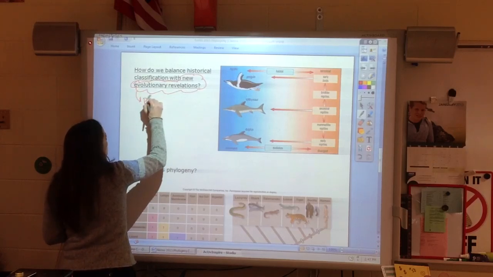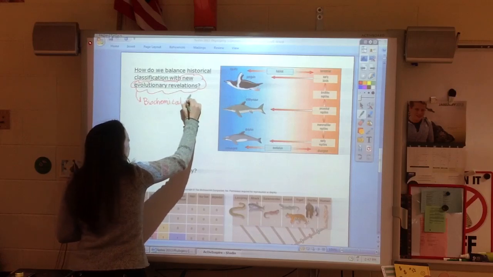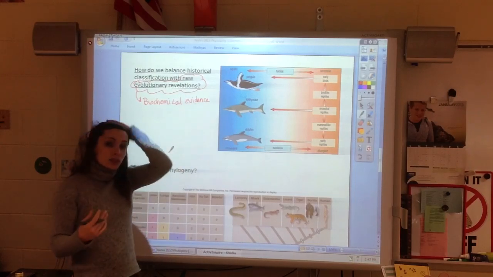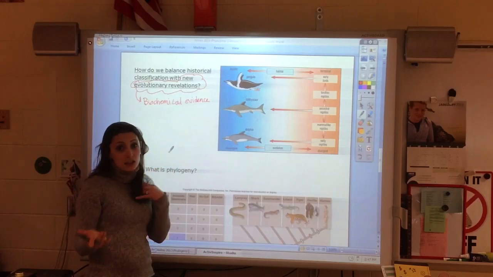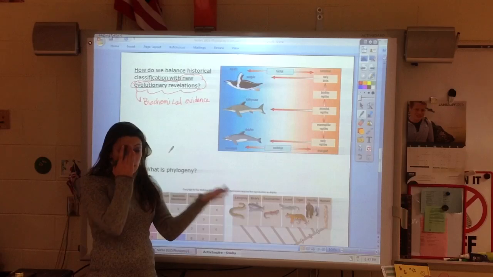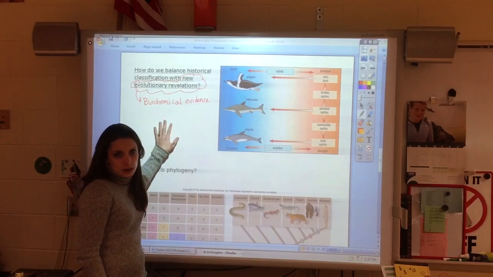The main thing is biochemical evidence. When we go back to the unit on evolution and we look at what was the most objective form of evidence for evolution, meaning I don't have to interpret it, it's just the same or it's different, that was DNA and amino acid sequences.